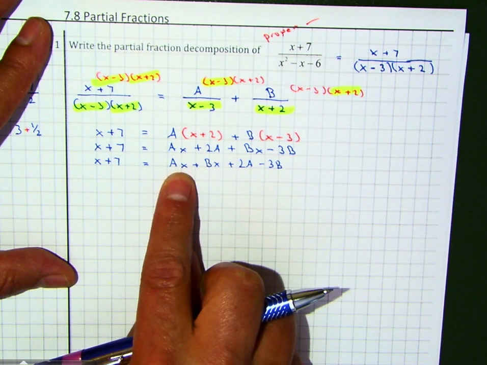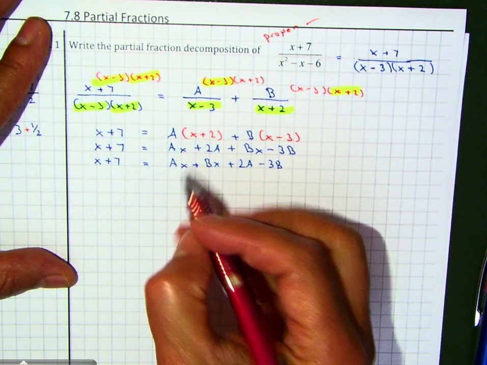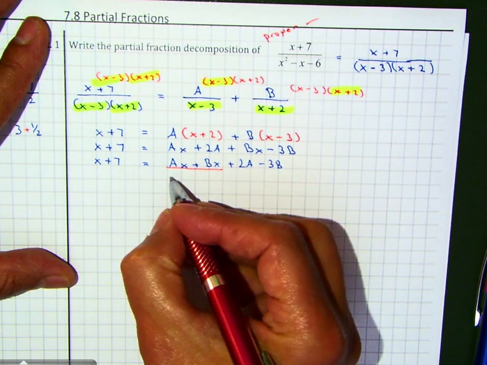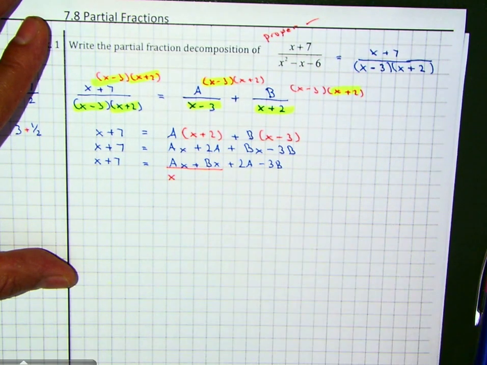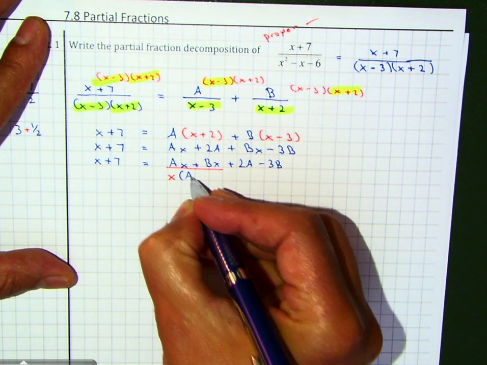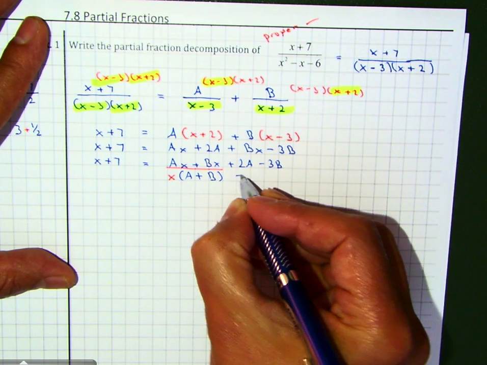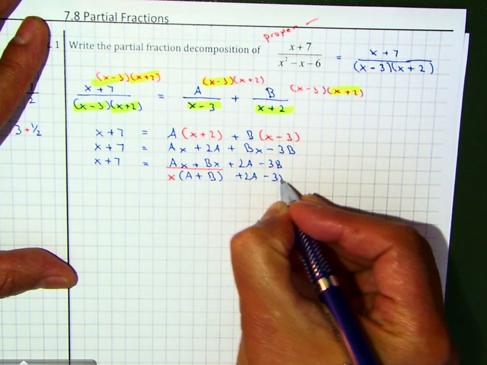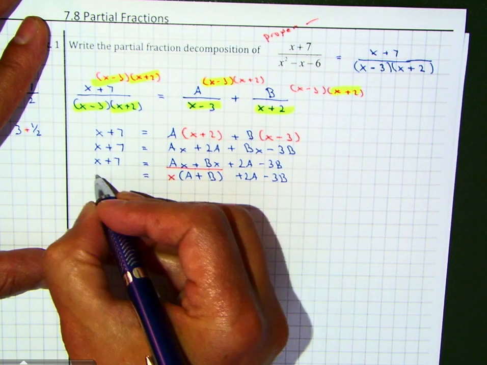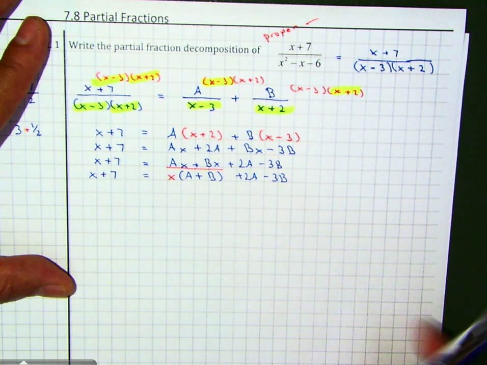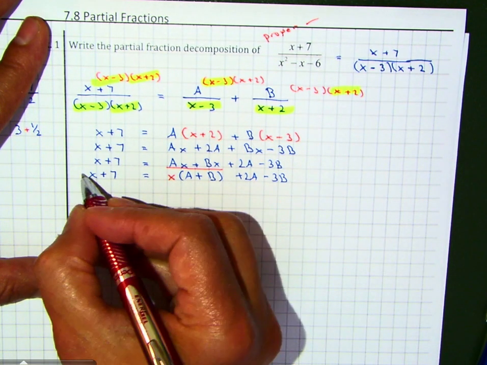I'm going to factor out my x from those two expressions, from those two terms. So therefore, if I factor out my x, I have a plus b. Nothing to factor here, so I have plus 2a minus 3b. We know that the coefficient for x is 1.